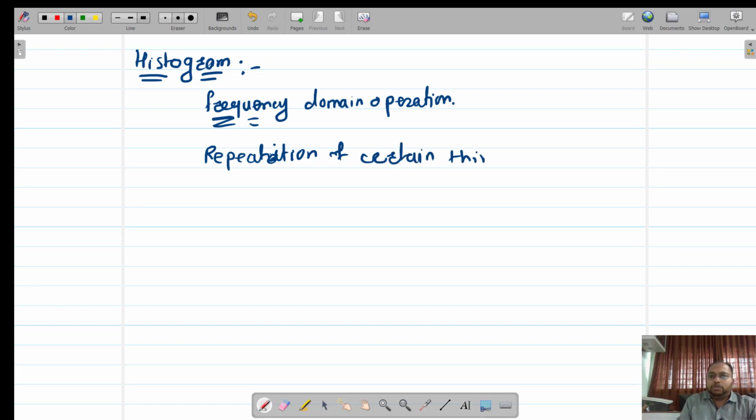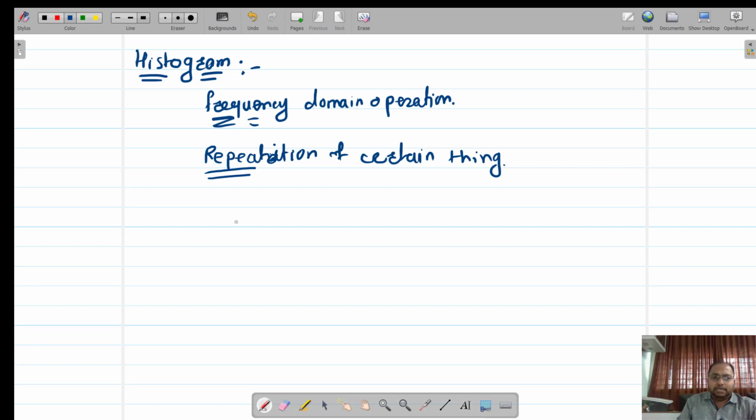It may be, let us say, a sine wave, where half cycles repeat, and that repetition of cycles is what we call frequency. Over here, the repetition of occurrence of a certain gray level is called the frequency of occurrence of that particular gray level or pixel.